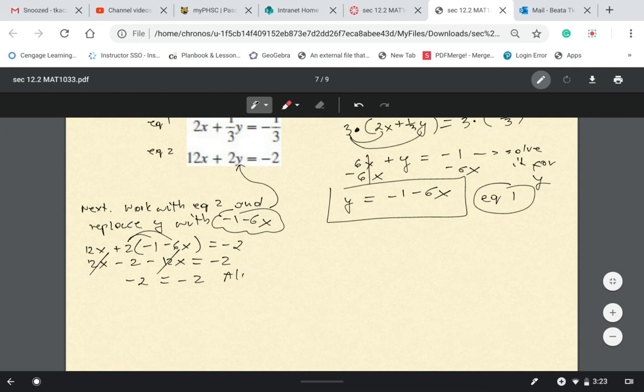This is always true. So similar to the previous example, but now we end up with something that is always true, the variables cancel. What that means is this system has infinitely many solutions.